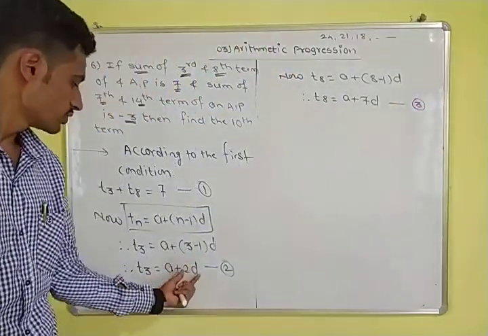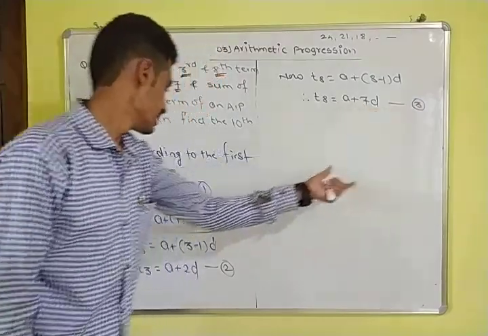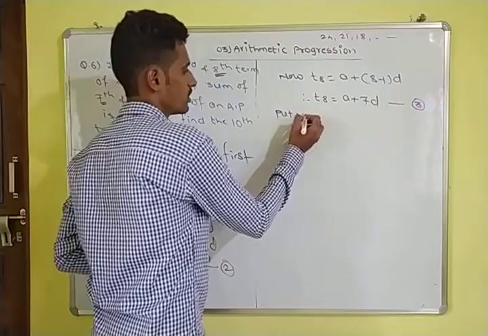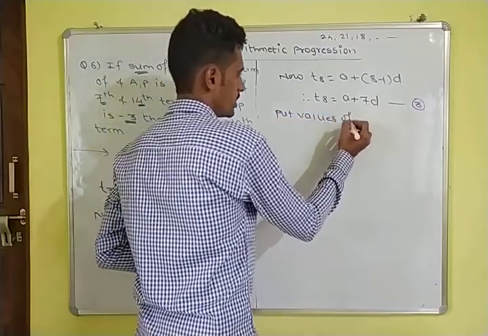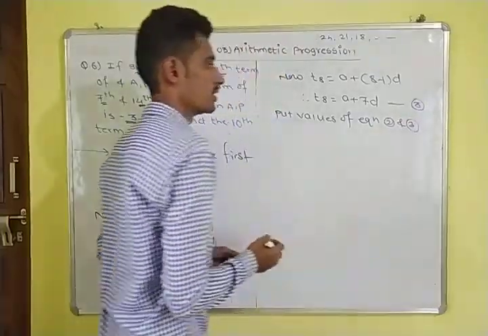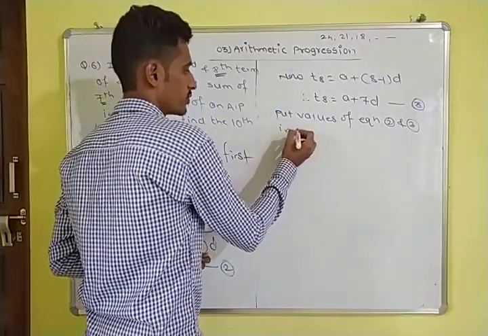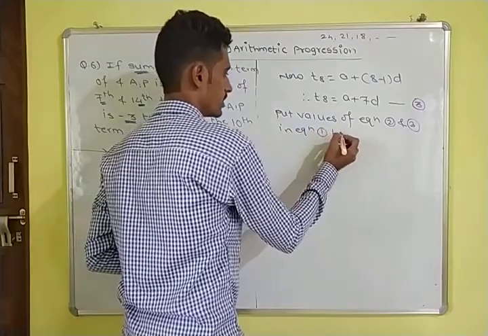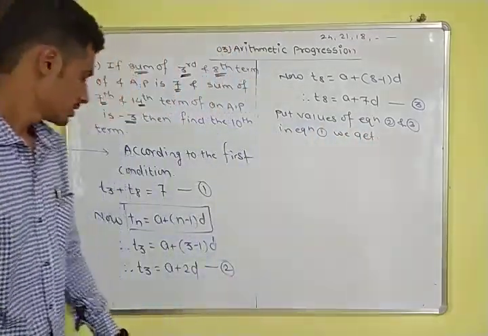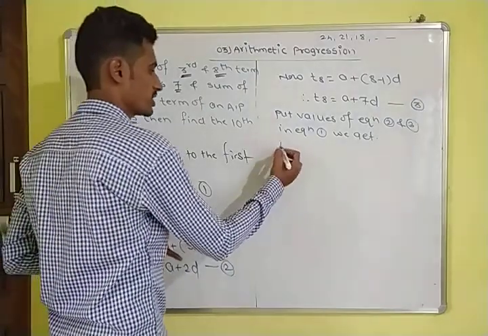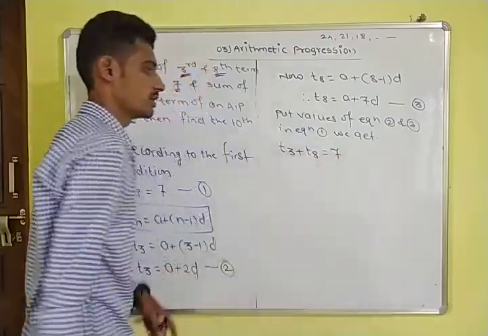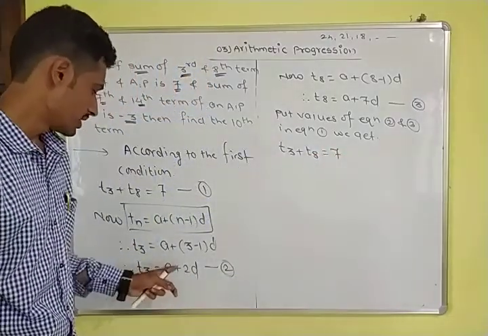Put the values of equation 2 and 3 in equation number 1. We get, so the equation is T3 plus T8 is equal to 7, but actually the value of T3 is a plus 2d.